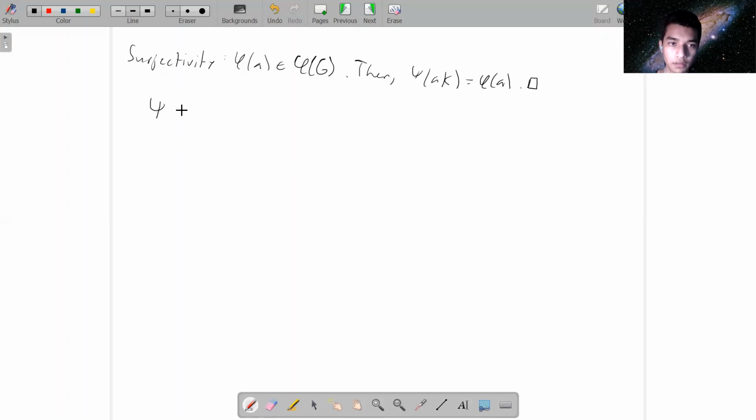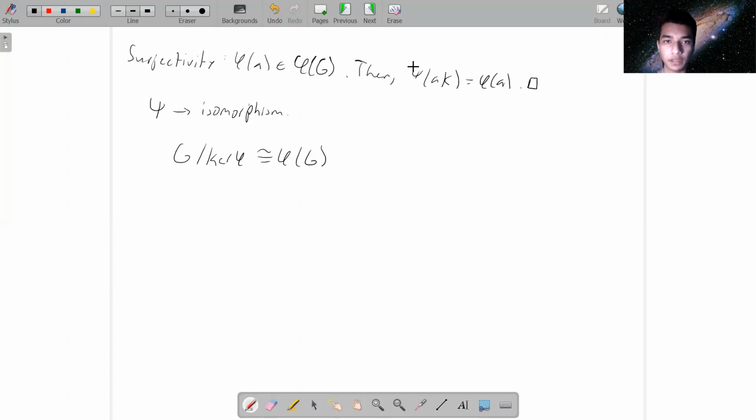So psi is a homomorphism, injective, and surjective, so it's an isomorphism. And this shows the beautiful result that G mod kernel phi is isomorphic to the image of phi, where phi is a homomorphism.